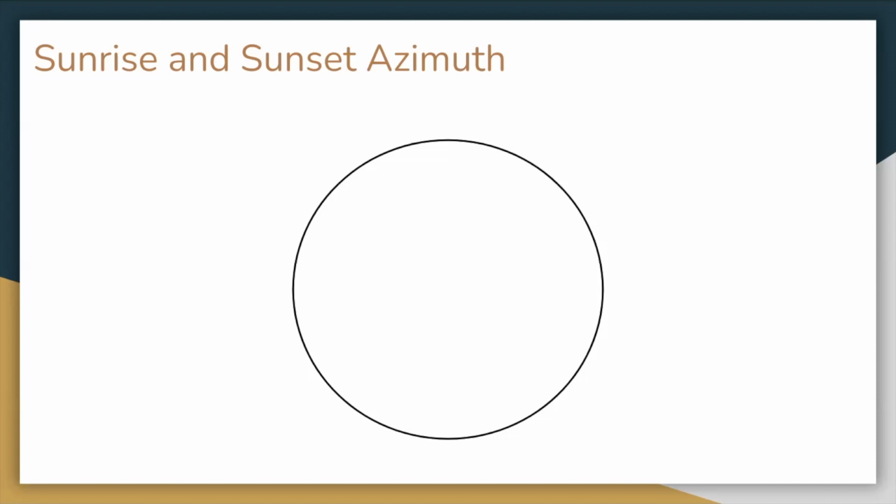All right, so now we're going to draw a diagram that's going to help us when we have to do some calculations. So the first thing that I'm going to mark on this circle is the cardinal directions. So I'm going to put north at the top, south at the bottom, east on the right, and west on the left.